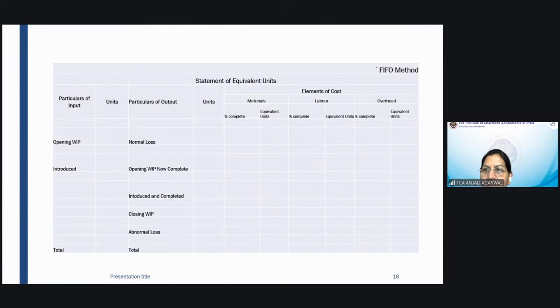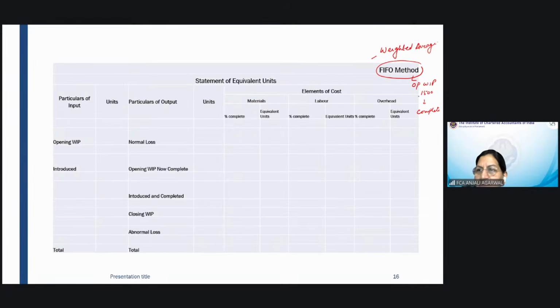Now the statement of equivalent units can be prepared either on FIFO basis or on weighted average. So first I'll tell you how to prepare it using the FIFO method. In FIFO method, we assume that the opening WIP of 1,500 units is completed first and moved to the next process.